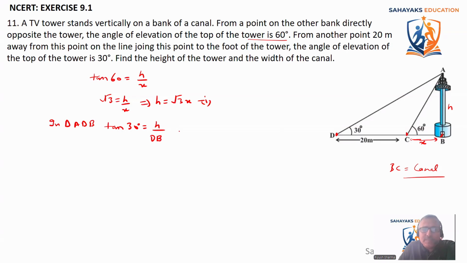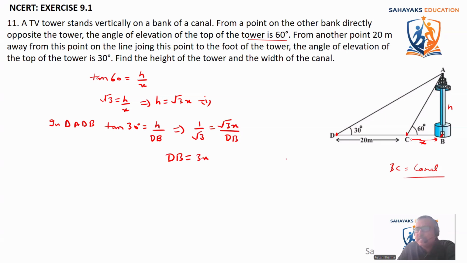We know tan 30 is 1 by root 3, which is equal to h divided by dB. Instead of h, we put the value root 3x. That gives us dB is equal to 3 times x.